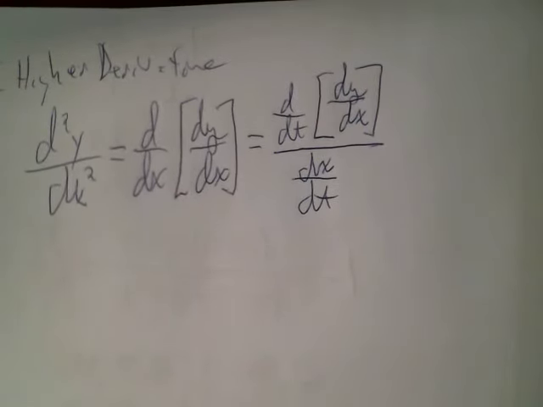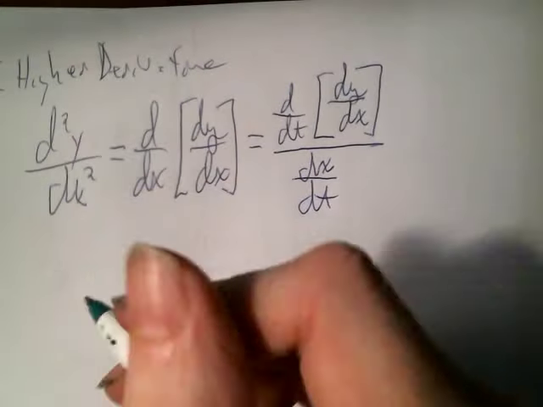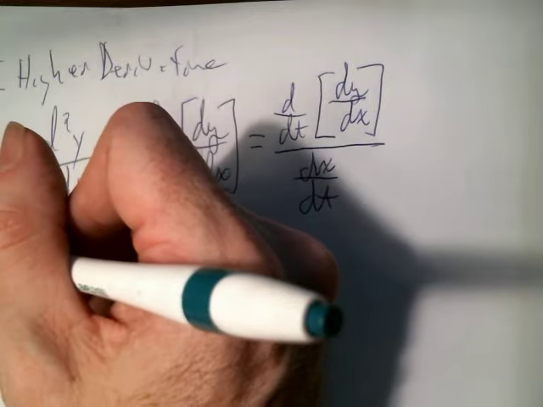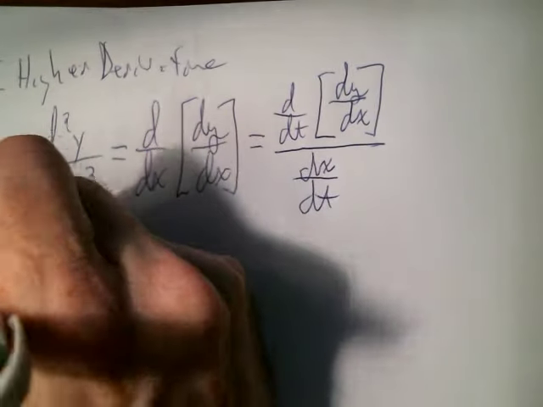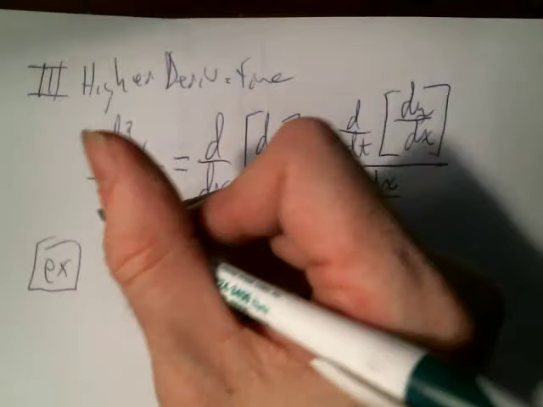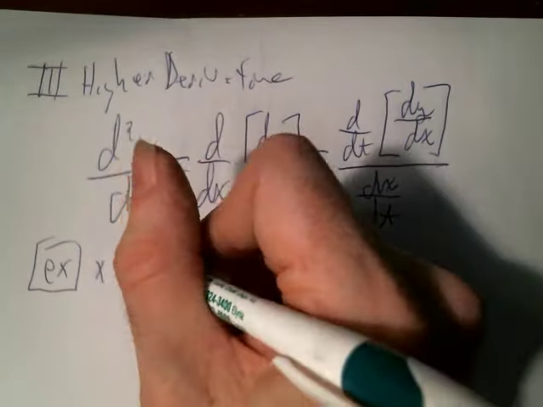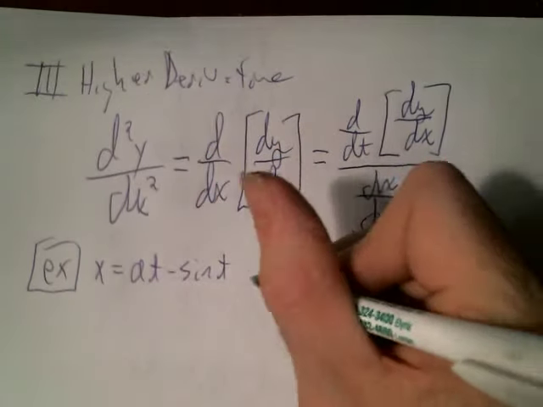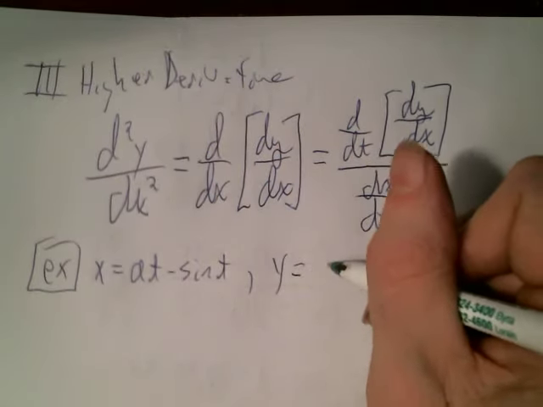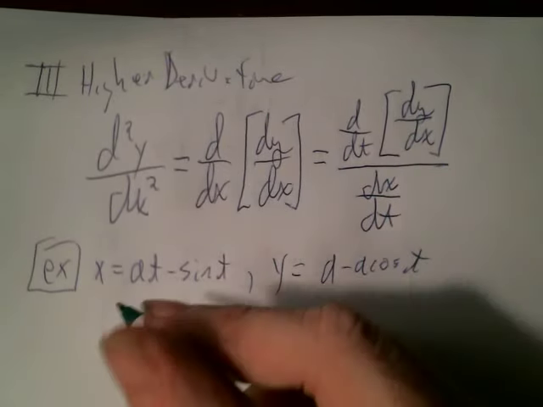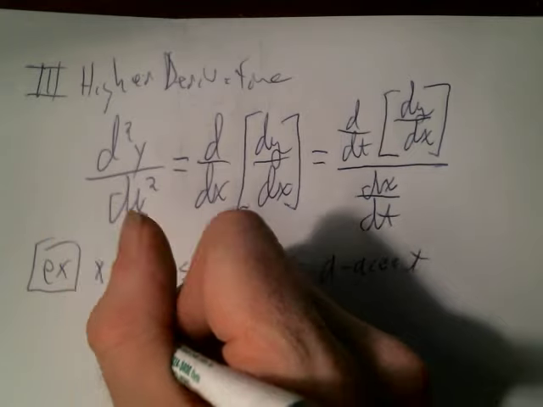Okay, so let's go back to the cycloid example again, right? So our formulas for the cycloid: we had x equals a(t minus sine t), and then y equals a minus a cosine t. Okay, so the first derivative, we already got it.